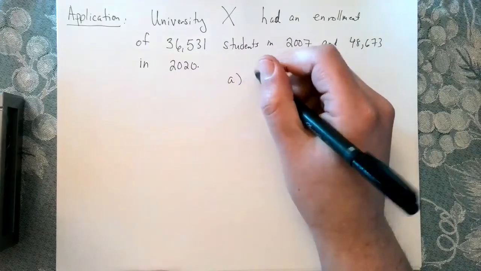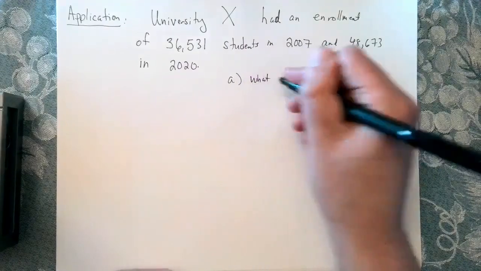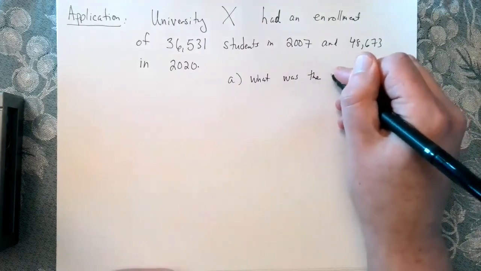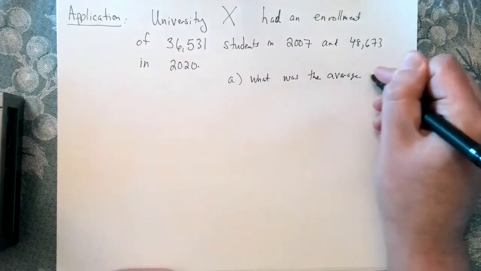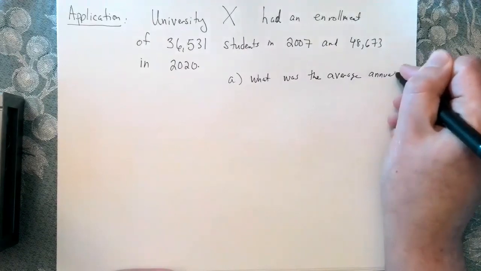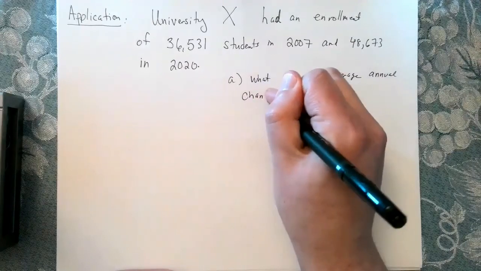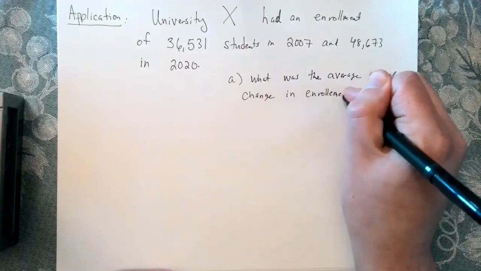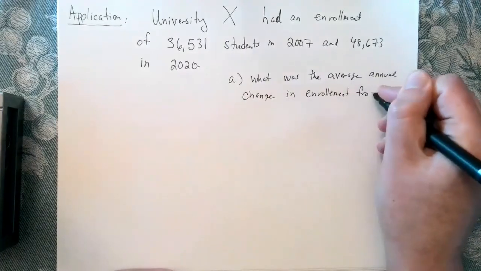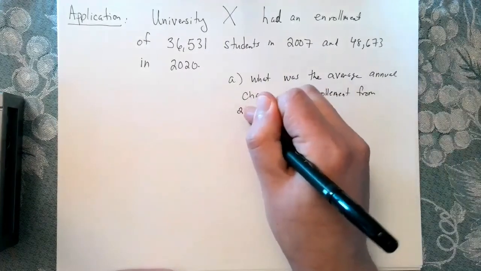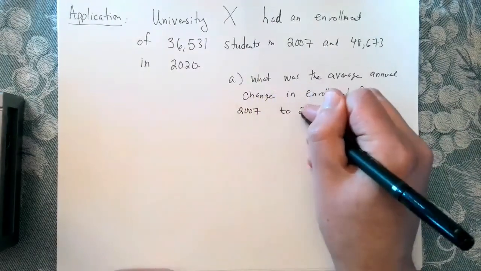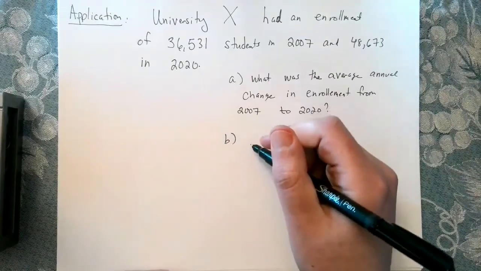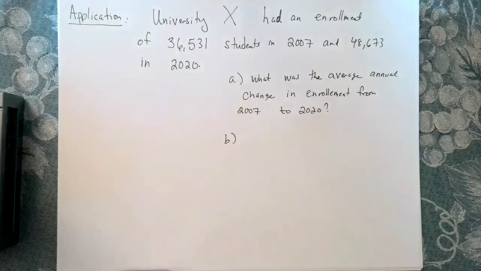So A, what was the average annual change in enrollment from 2007 to 2020? And then B, write the equation of the line that represents the given data.